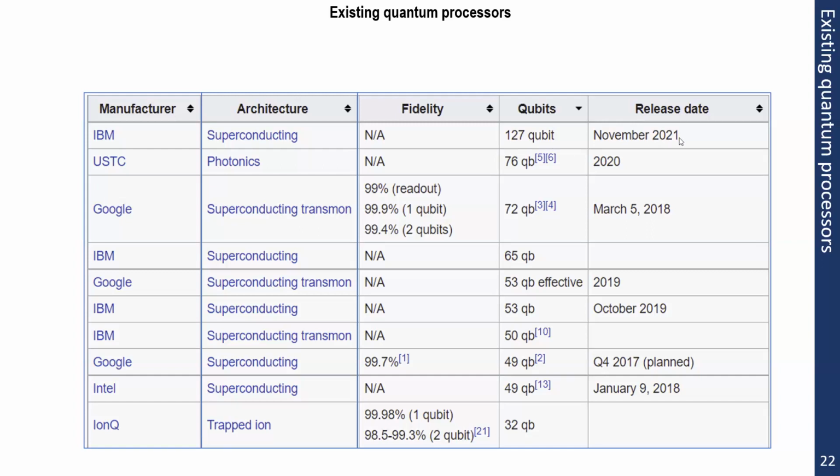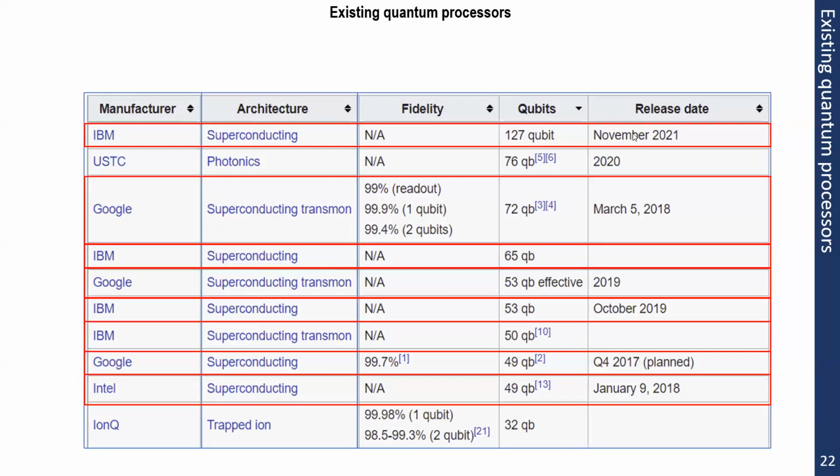All right, and one can notice that the vast majority of the quantum computers are based on the superconducting platform architecture, with just rare exceptions for photonic qubits, a photonic computer here, and trapped ion here, but most of them are based on superconducting architecture.